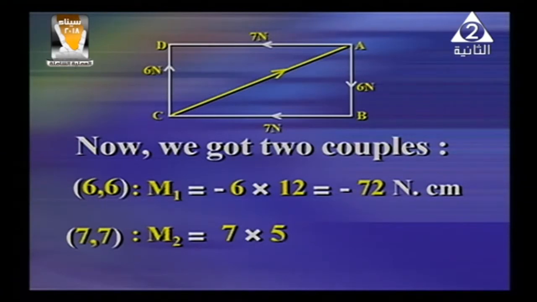Then we deduce that two forces in the direction CD and AB, acting on AB and CD, have force 6 Newton, then the moment equals -6 times 12 equals -72 Newton centimeter. The 7 is a couple whose moment equals 7 times 5 equals 35 Newton centimeter.